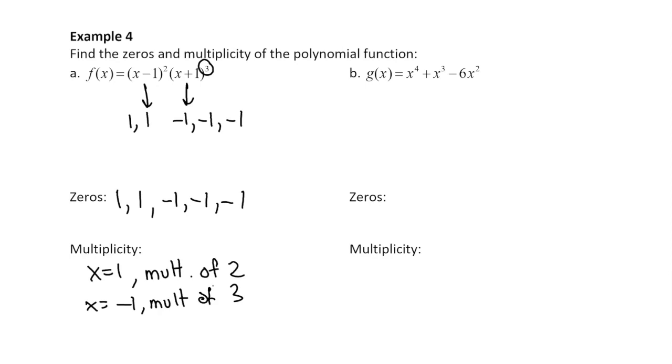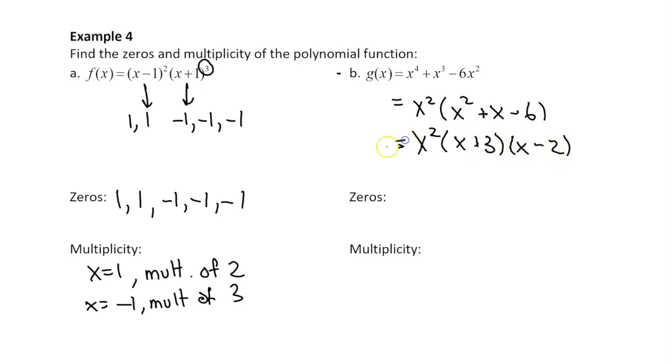So why don't you pause the video right now and see if you can factor part B appropriately and then find the zeros and the multiplicity. Okay, right here it looks like we could factor out an x squared. We'd be left with x squared plus x minus 6, and inside the brackets that is factorable as well.